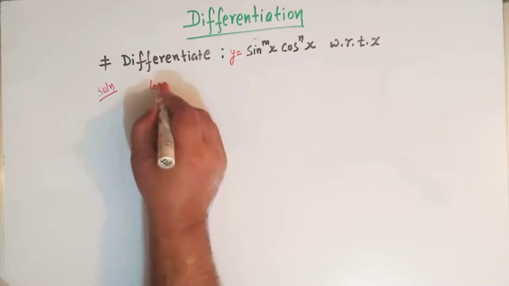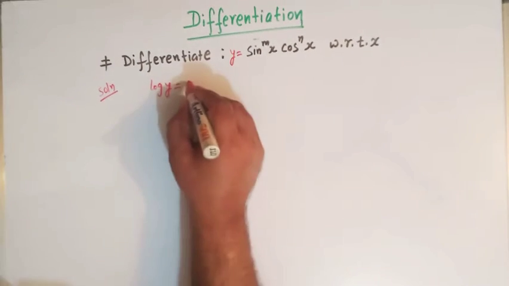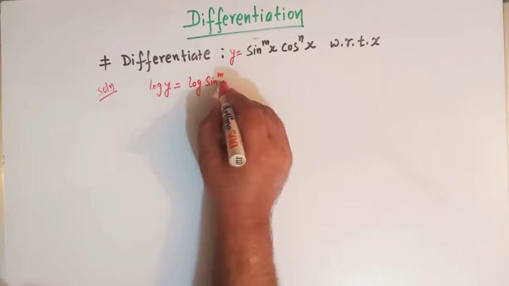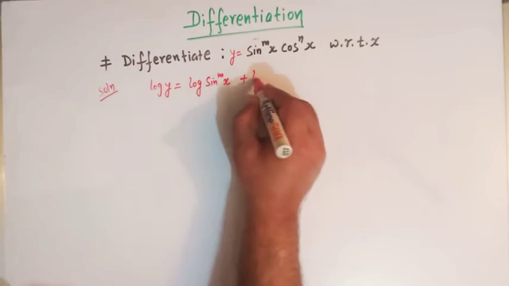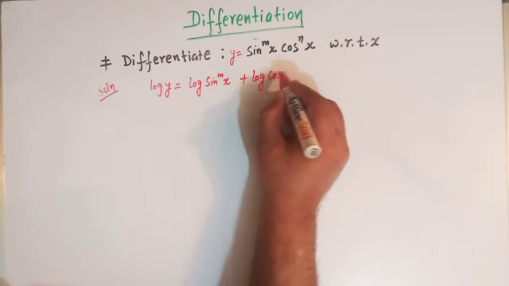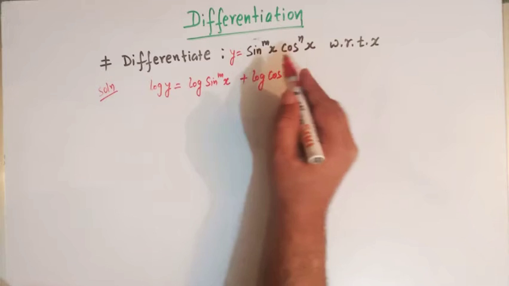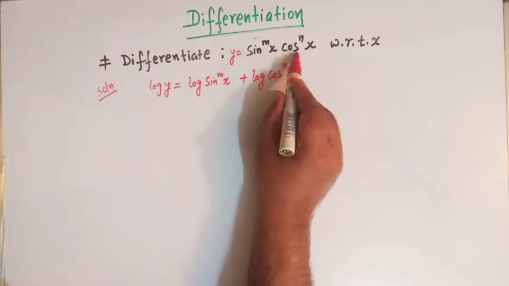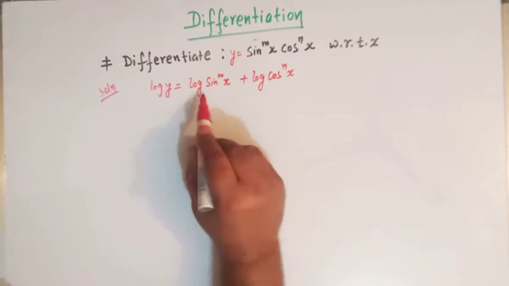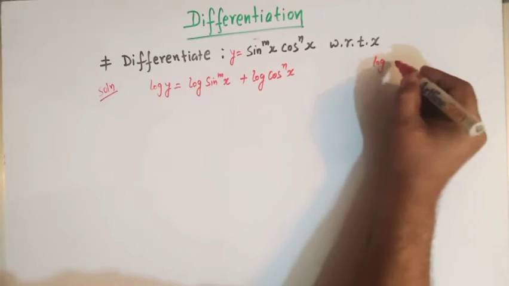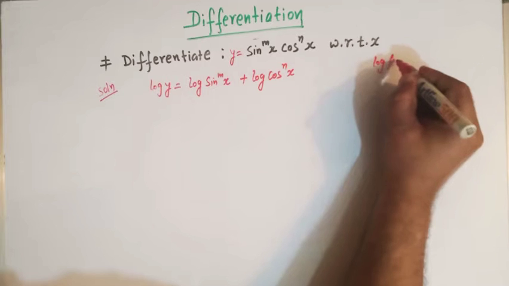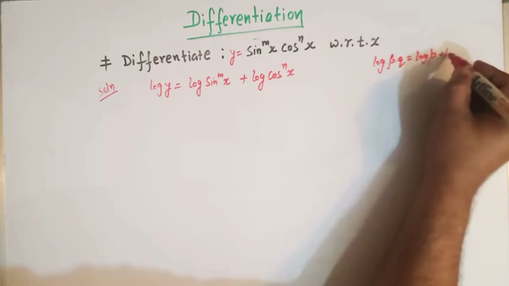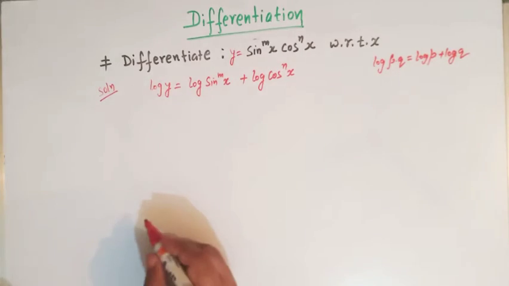So we have log y is equal to log of sine raised to mx plus log cos raised to nx, because this y is a product of two functions. So the rule log of p into q is log of p plus log of q, right?